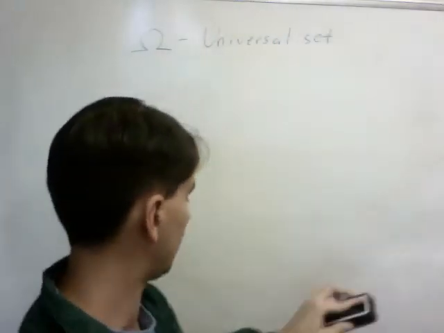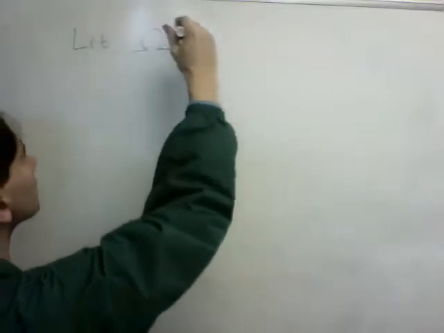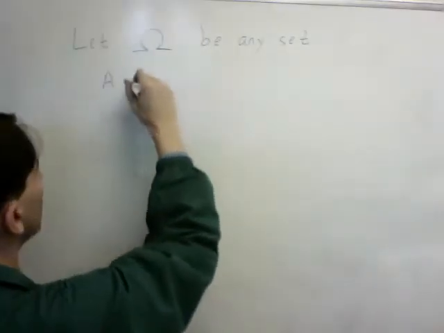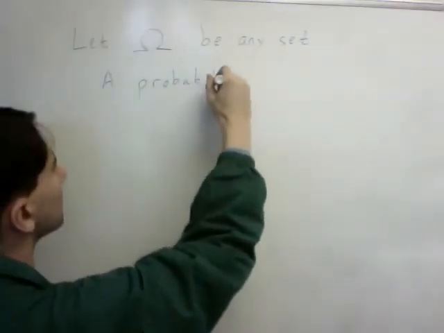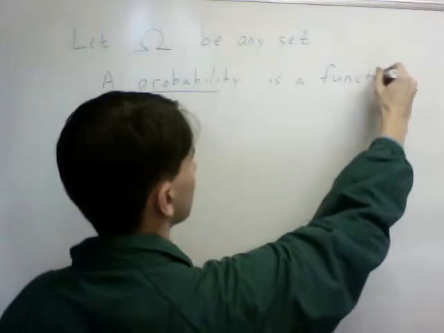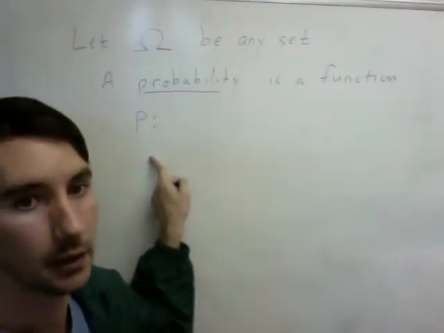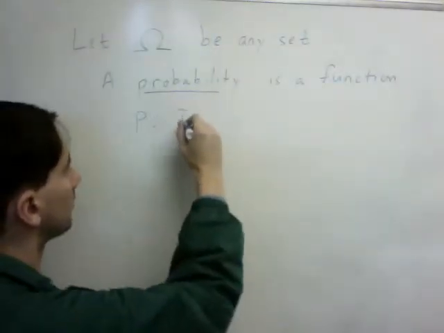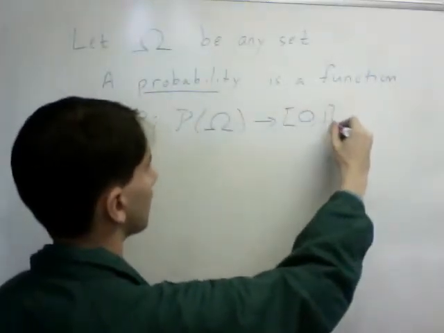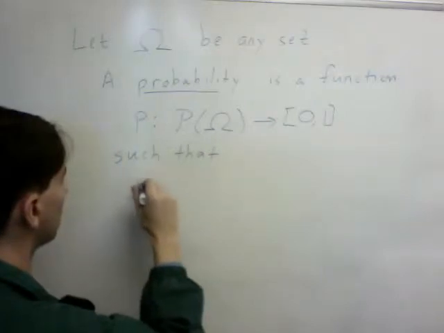So now we'll let omega be any set. A probability is a function P. That's not a script P, that's just a regular capital P, which maps from the power set, so here's our script P of omega, to the interval [0, 1], such that two things are satisfied.